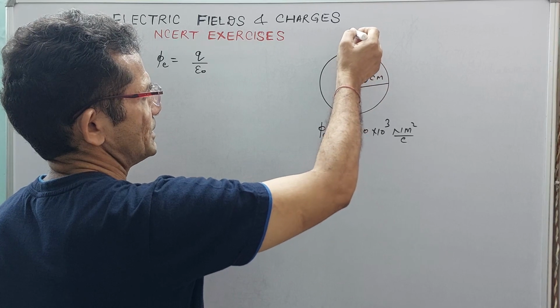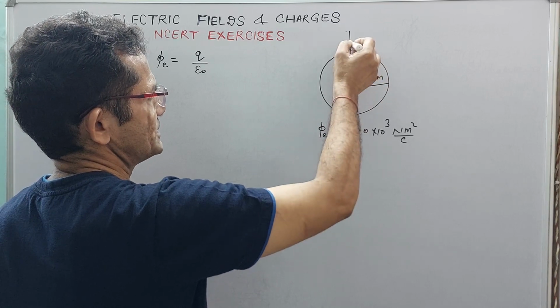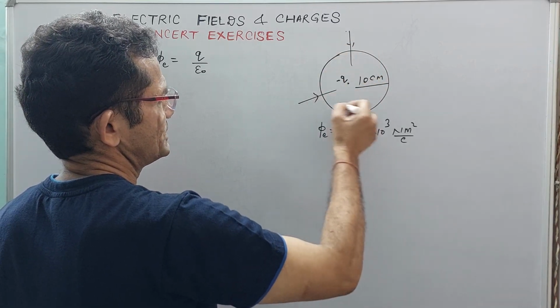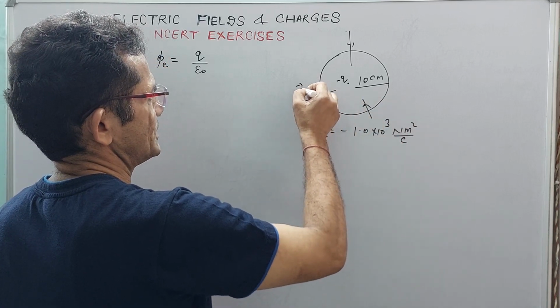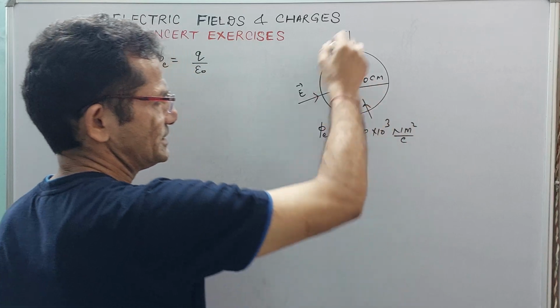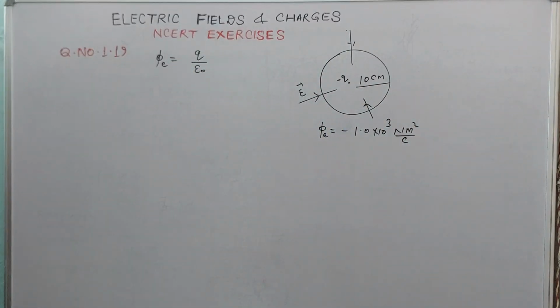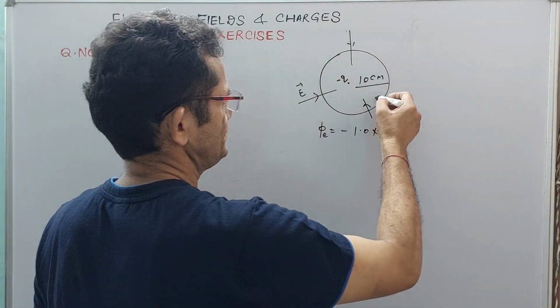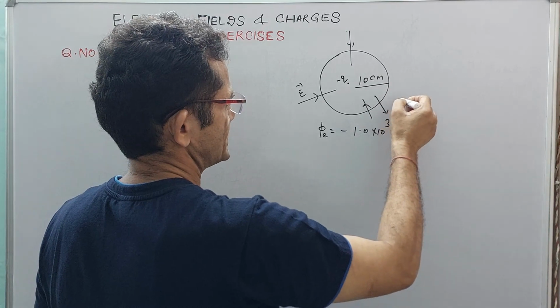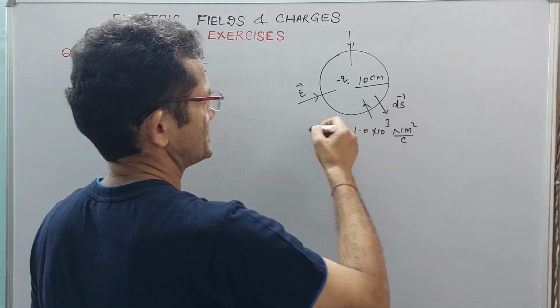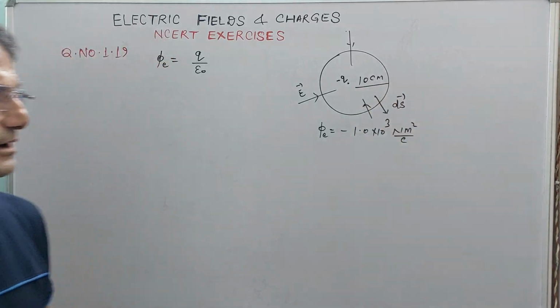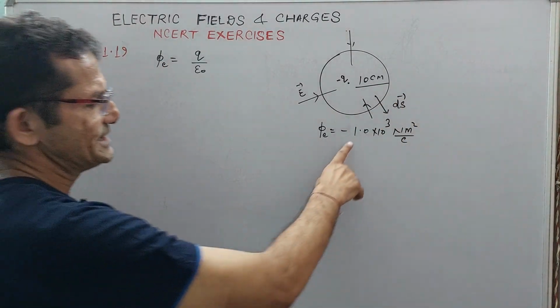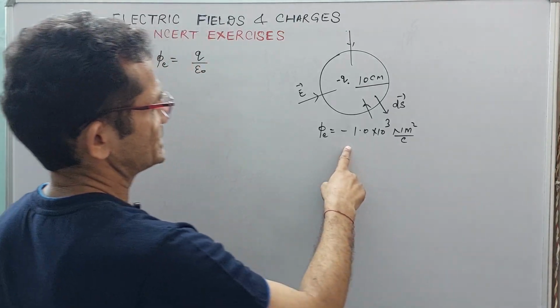These are the electric field lines, and here the area vector will be outside. The area vector ds is going outside. The angle between E and ds is 180 degrees, that's why the flux is negative. इसका flux इसीलिए negative है.